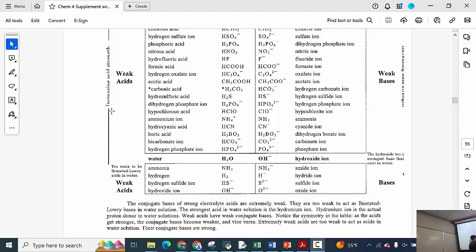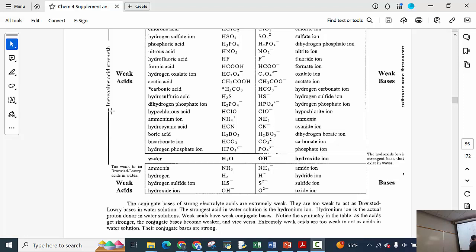Hydroxide is a very, very weak acid. In fact, it's too weak to be a Bronsted acid. I call it Bronsted for short, but it's really technically Bronsted-Lowry. If it's too weak to be a Bronsted acid in water, then it doesn't want to let go of this H+. In fact, it doesn't want to donate the proton. It wants to hold on to it.